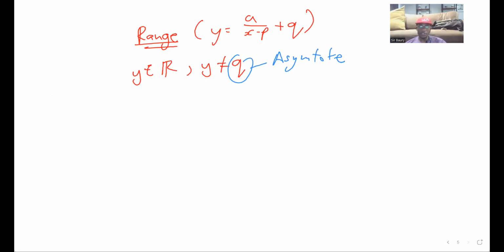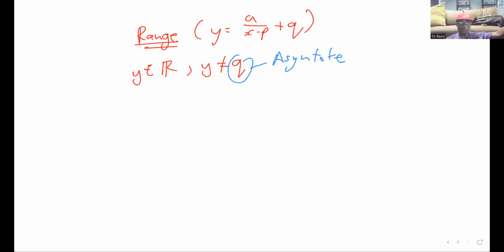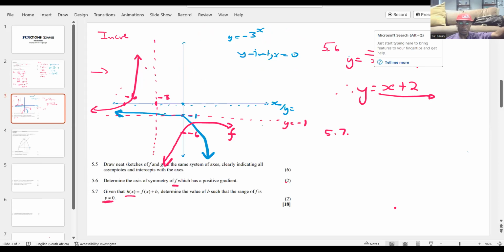If we look at the question here, you have an asymptote, right? They want us to shift the function, because b is a shift, such that the range is y not equal to 0.